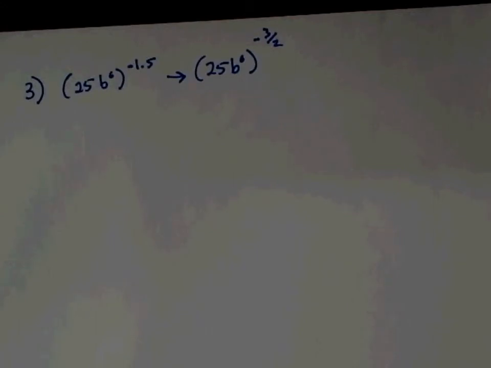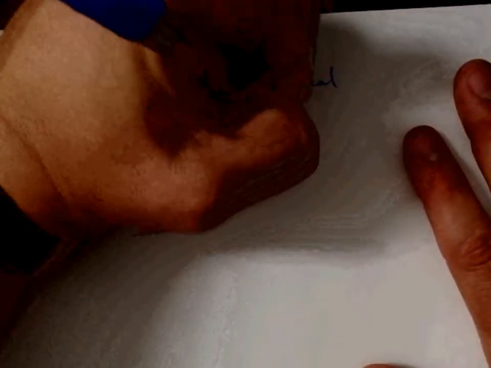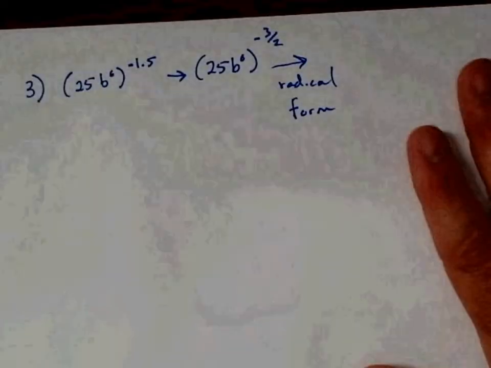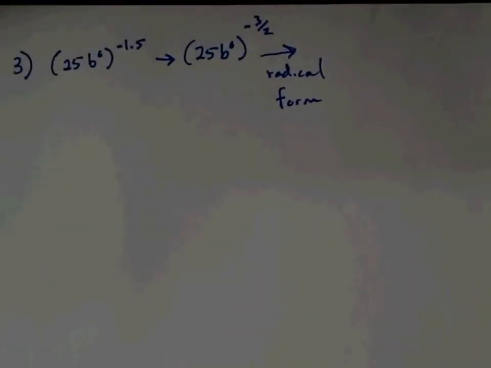Okay? And now, the first thing that you were asked to do was to write it in radical form. So if I'm going to write it in radical form, that means that I need to know what the fractional exponents mean. The top number represents the what?